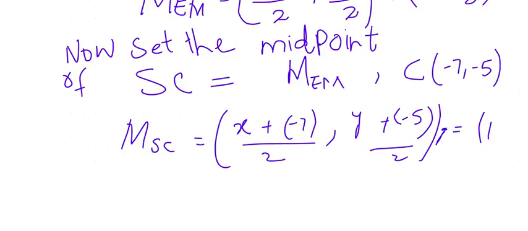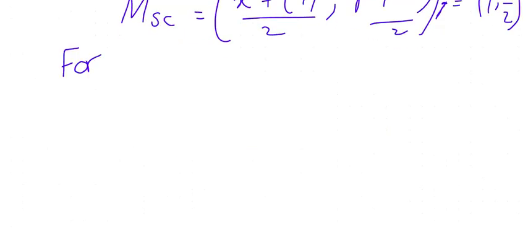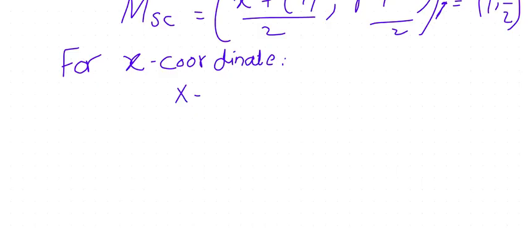Okay? So for the x coordinate, x minus 7 by 2 equals 1, and we get x minus 7 equals 2, and we get x equals 9, okay?